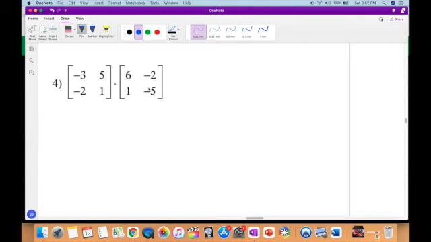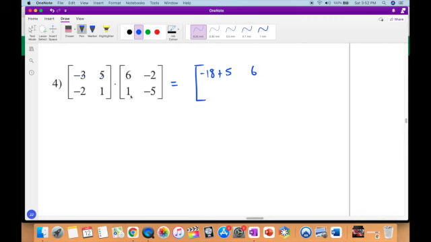Yes, this is another 2 by 2 and 2 by 2, so I can see they can be multiplied. So I have here 3 times 6 3s are negative 18, and then 5 times 1, so that's plus 5. Right? And now for the second column, negative 3 times negative 2 is positive 6.